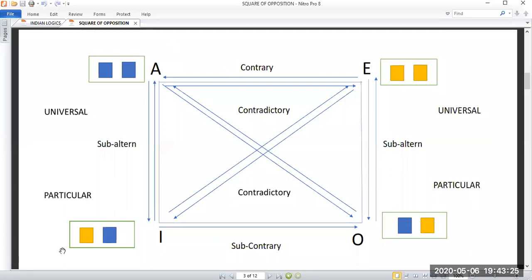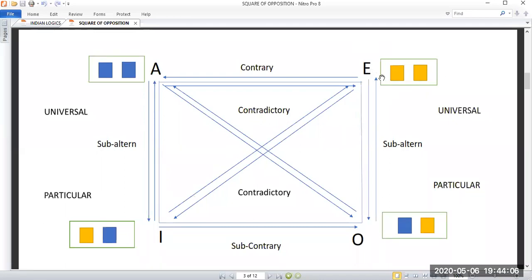So I will take the same case. Some balls are blue. If I is true, then definitely E is false, because no balls are blue. If you take no balls are blue as false, then this is true, because if no balls are blue is false, then some balls would be blue here in the E case.